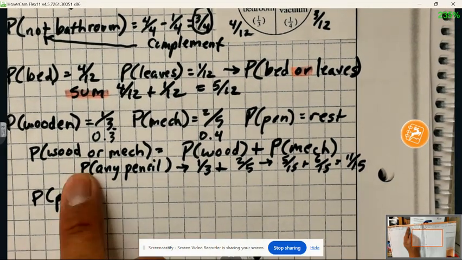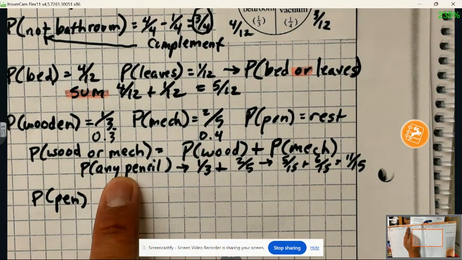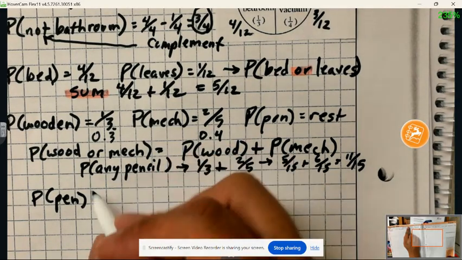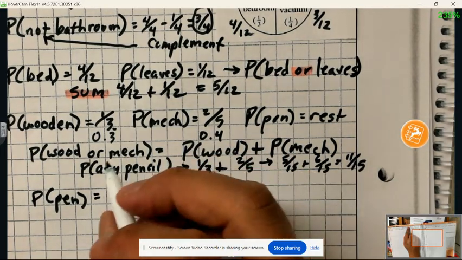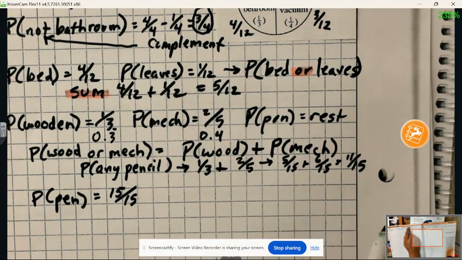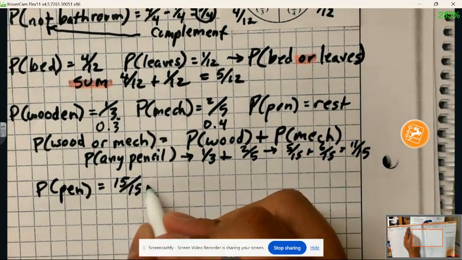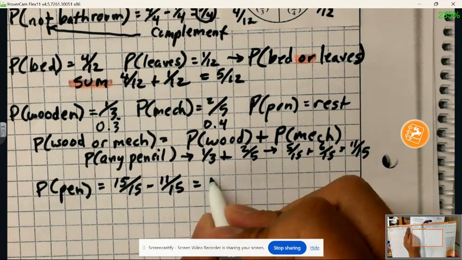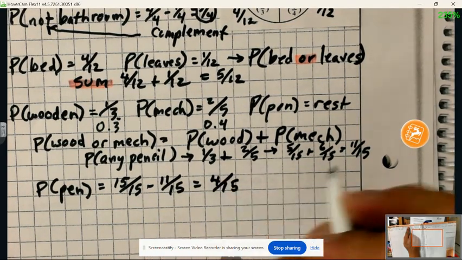If you're getting a pen, you are not getting a pencil. And so 11/15 is the probability of getting a pencil, and the complement of that would be the whole bag of writing utensils minus the probability of getting pencils. And there is the probability of getting a pen.